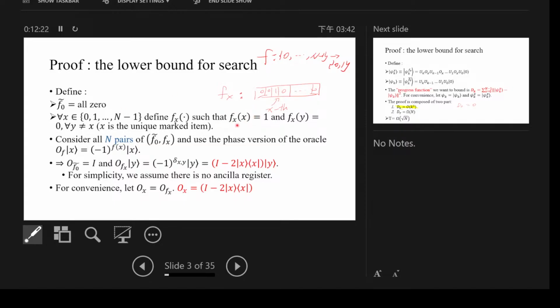So f sub x of x equals 1, and f sub x of y equals 0 for all other y. So x is the unique marked item of this f sub x. So we have these two notations.